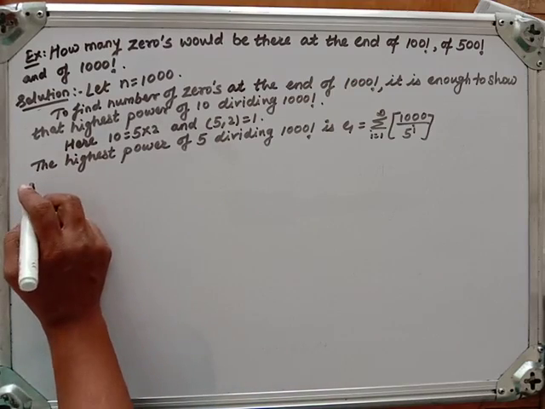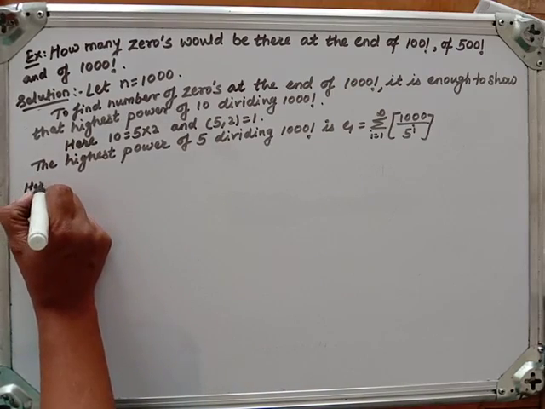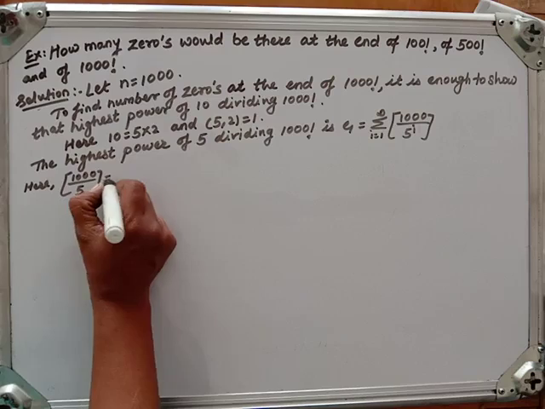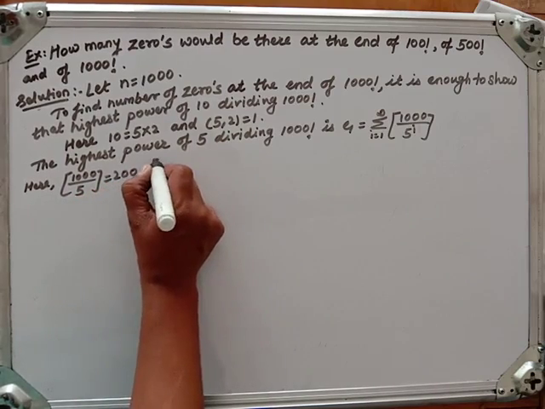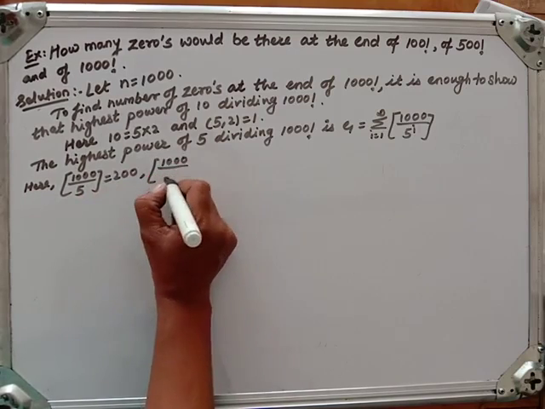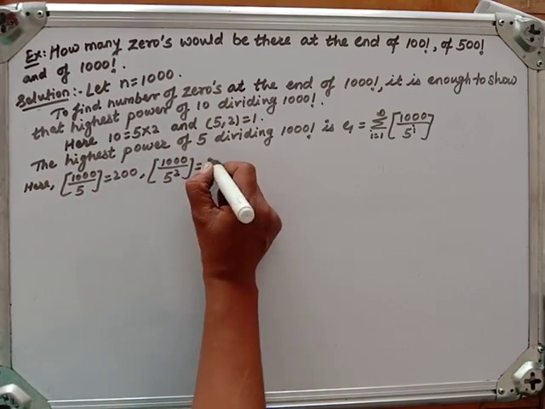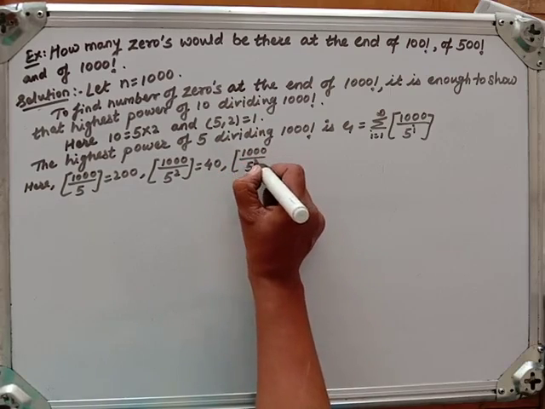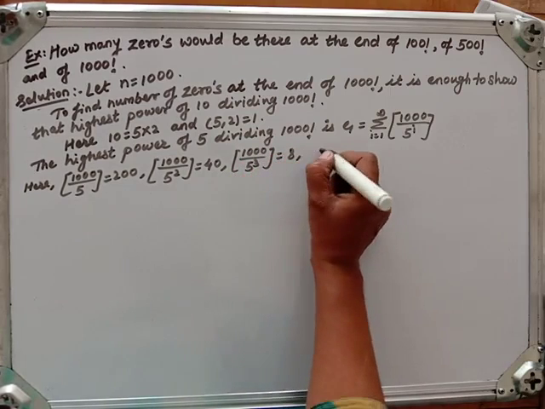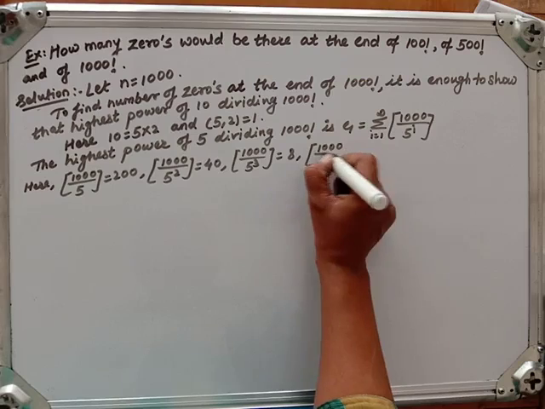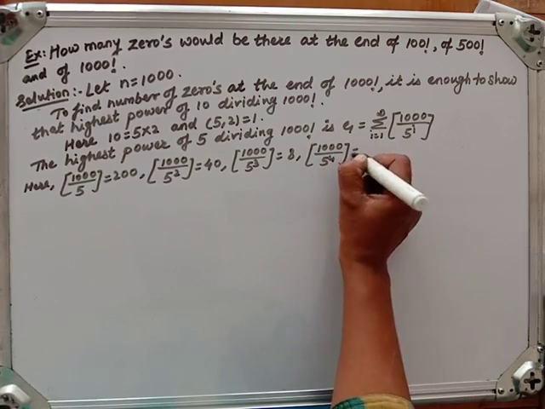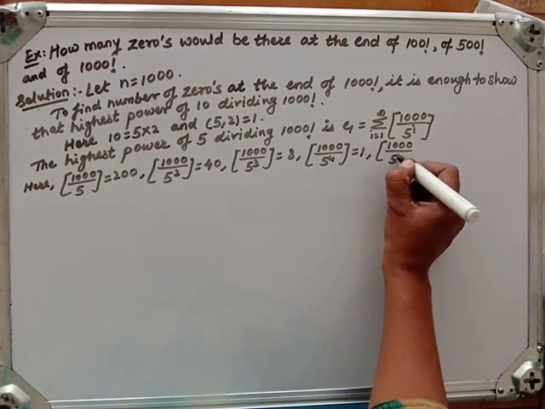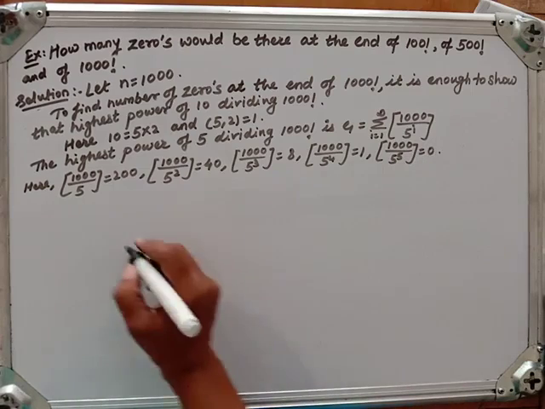So here 1000 upon 5, that will be 200. 1000 upon 5 square, it will be 40. 1000 upon 5 cube, it will be 8. 1000 upon 5 raised to 4, that will be 1. 1000 upon 5 raised to 5, it will be 0.